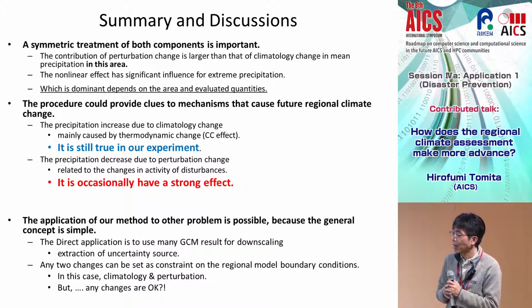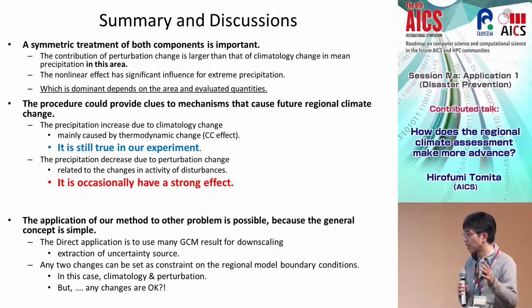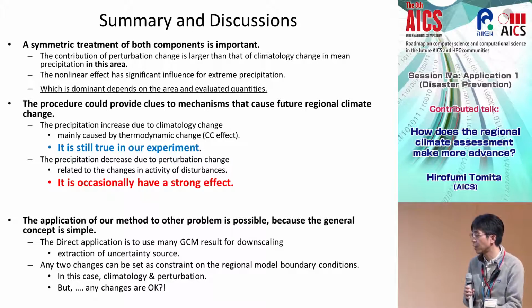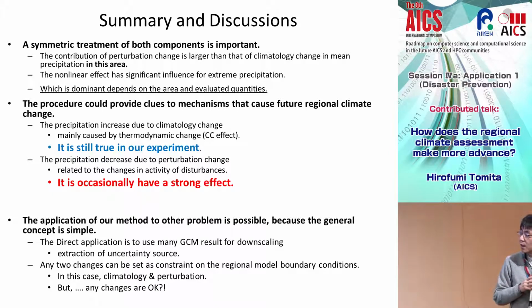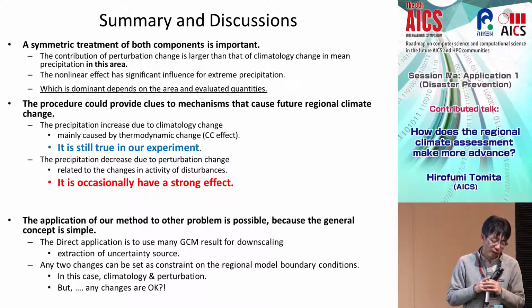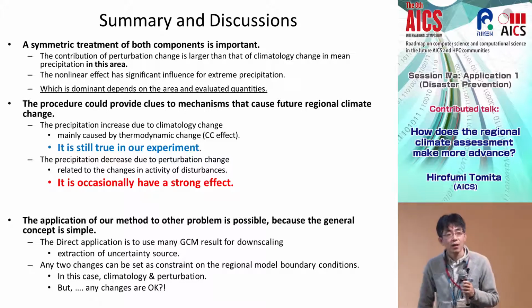Okay. And also, here we consider the climatology and the perturbation, but any change can be set as a constraint of the regional climate boundary condition. So this is, I think, a promising method for other issues. Okay, thank you very much.